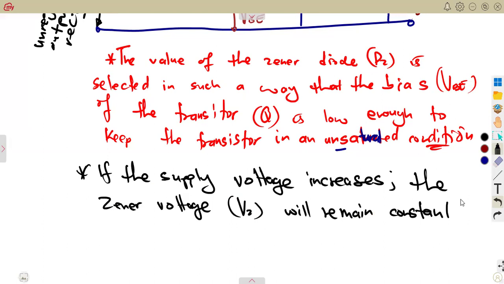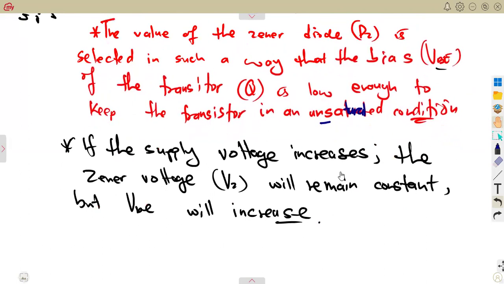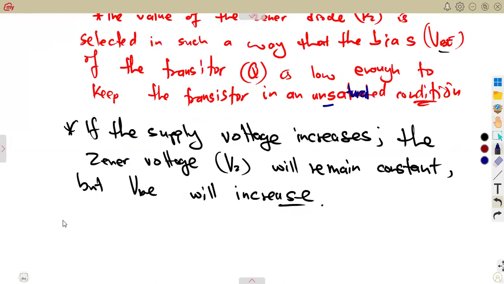Okay, so this will remain constant, but the bias VBE will increase. So that is what you have there in terms of the increase in voltage. The increase in VBE compensates for the increase in supply voltage, and in this way the output voltage is stabilized. That is the major part that you have.